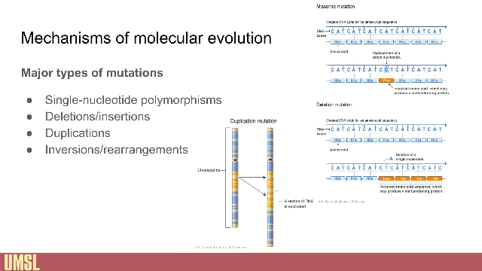And you have synonymous or non-synonymous mutations. And the ratio of synonymous to non-synonymous mutations (dN/dS) in a protein coding gene can tell you something about whether or not a particular type of mutation has been positively selected for in an environment.